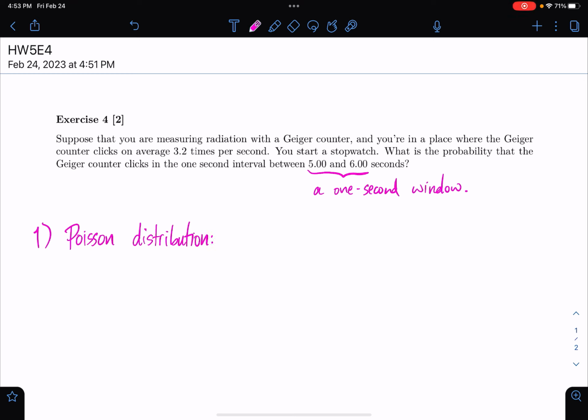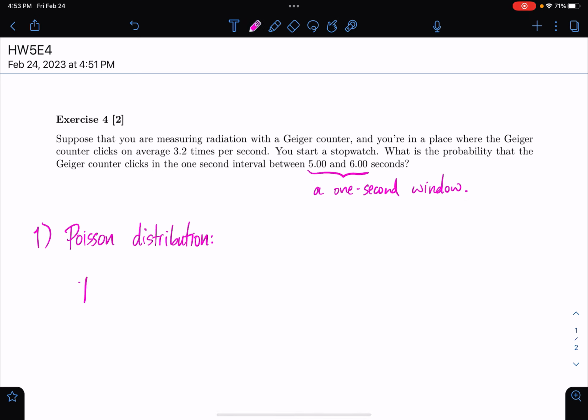With the Poisson distribution, we could say, in a 1 second window, how many clicks do we expect? Geiger counters are a clue that we're modeling this with a Poisson distribution. In a 1 second window, we expect 3.2 clicks.